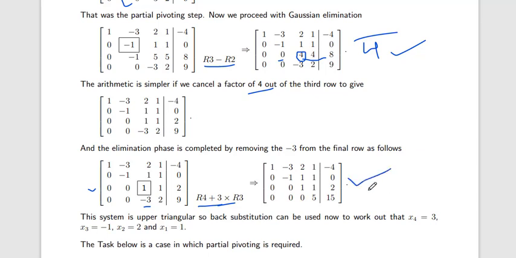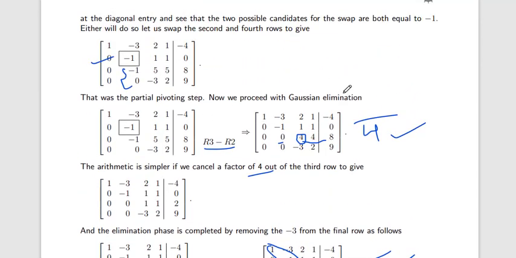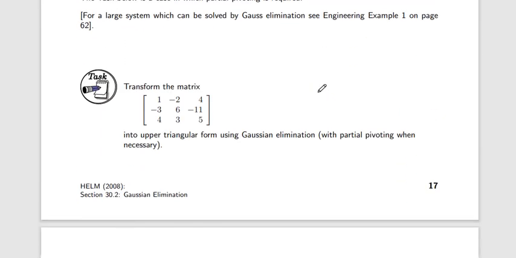So here we can see that this becomes an upper triangular matrix, all elements below the diagonal are 0, okay. So this is partial pivoting. In short, in partial pivoting we only swap the rows, okay.